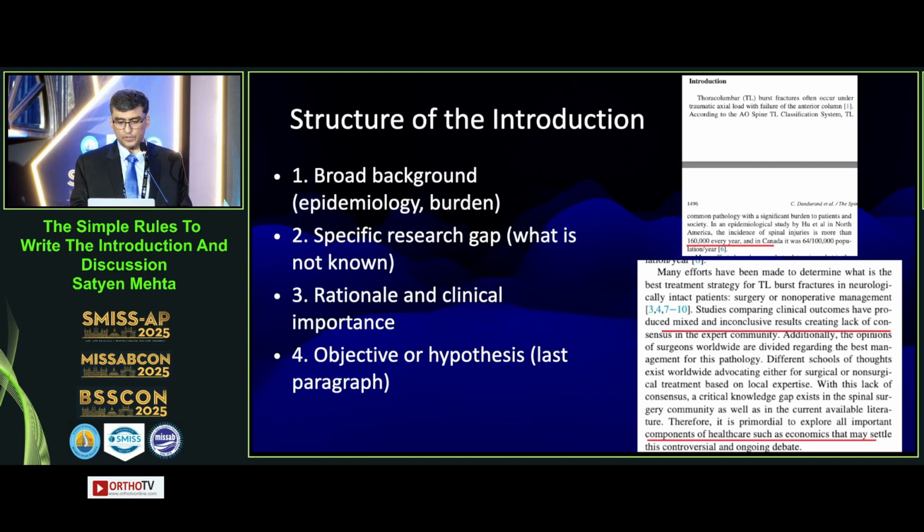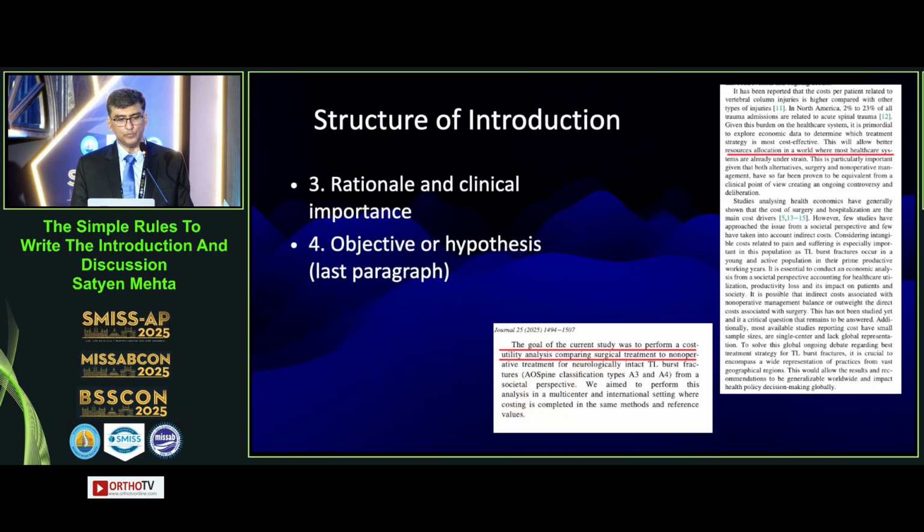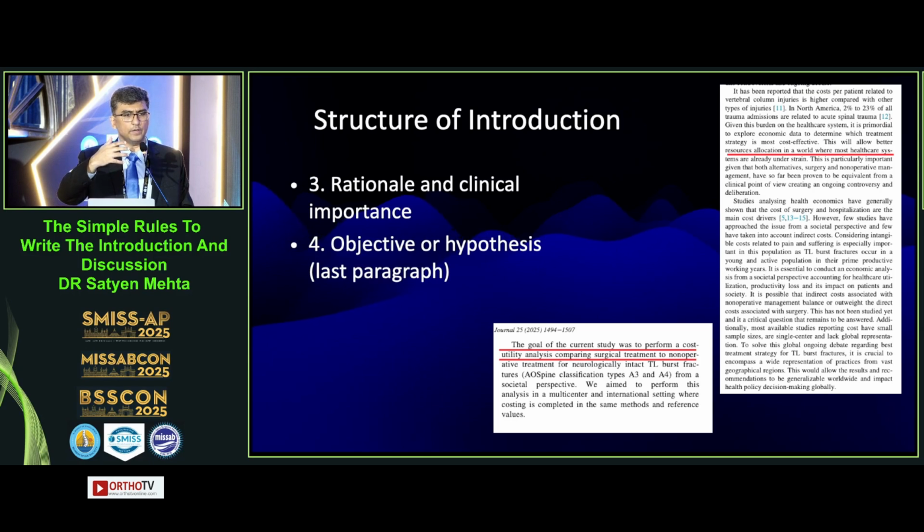His objective, which he mentions very clearly in the last paragraph, is that he wants to find out the cost-benefit ratio of doing a conservative versus a surgical treatment. So this is how you structure your introduction. If you follow this structure, it becomes much more standardized, sophisticated, and easy for the person to read. He's able to follow this very easily rather than just going on with a story.